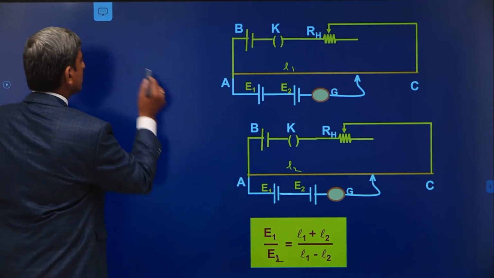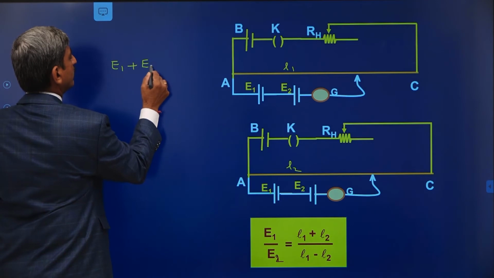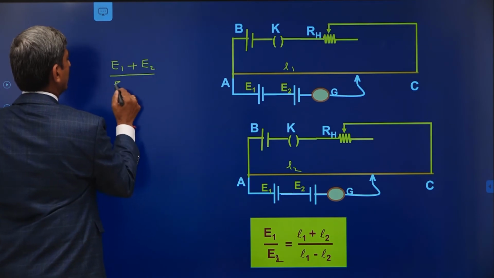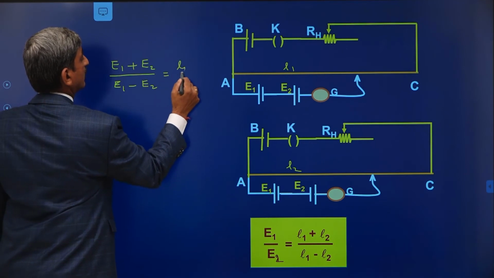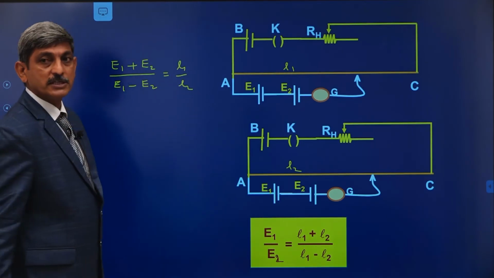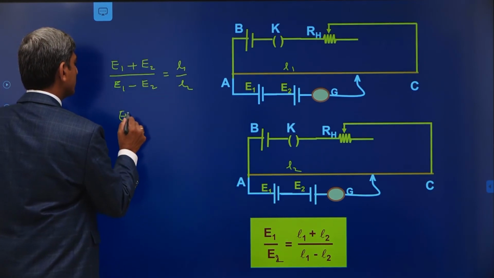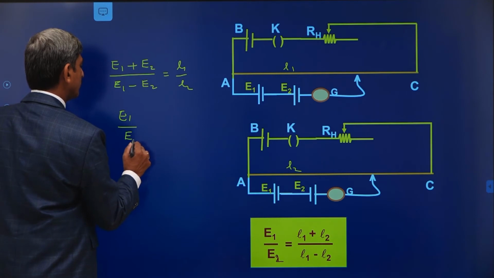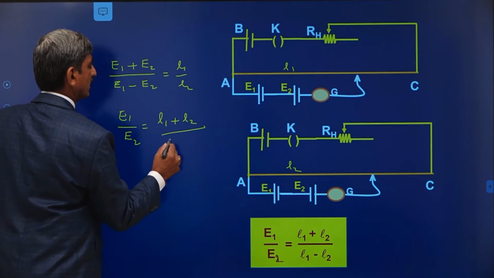Here this is obtained from (E1 plus E2) divided by (E1 minus E2) is equal to L1 by L2. By the componendo and dividendo method, if we simplify this equation it is modified as E1 by E2 is equal to L1 plus L2 divided by L1 minus L2.